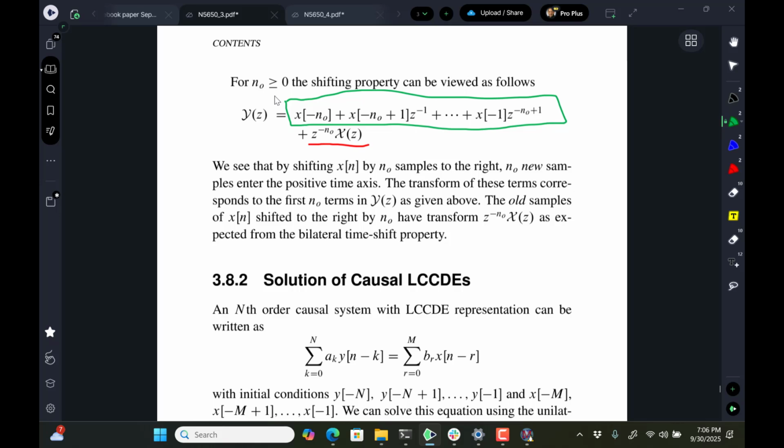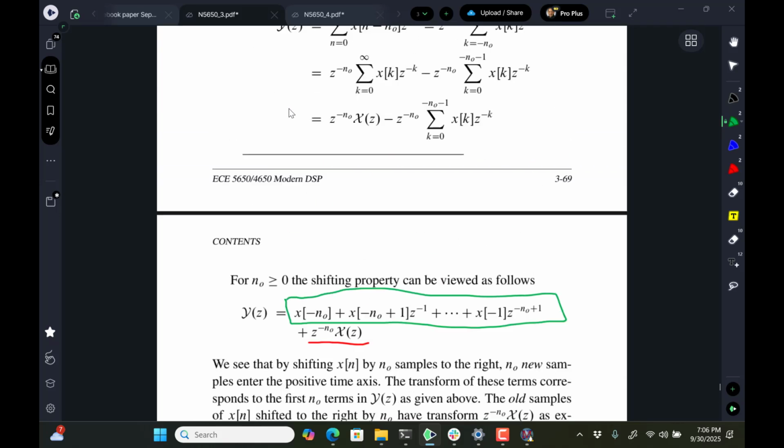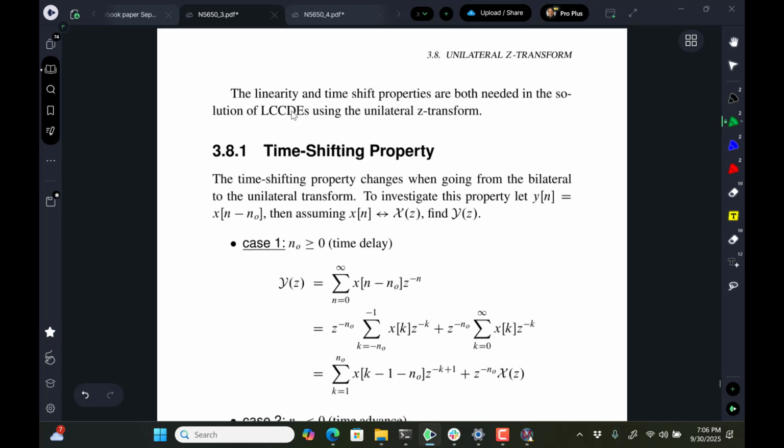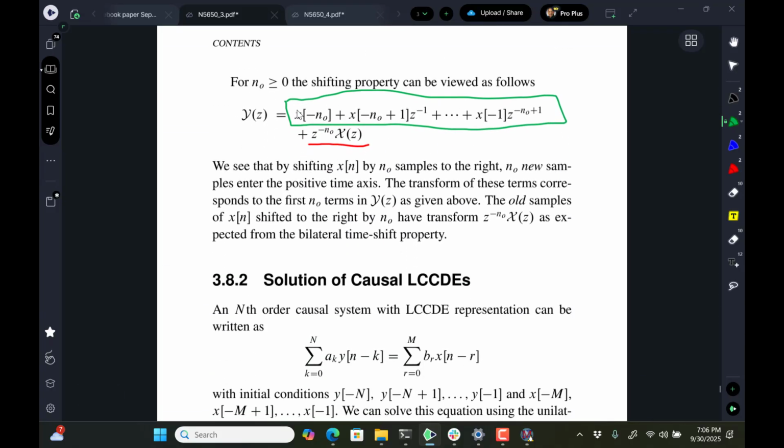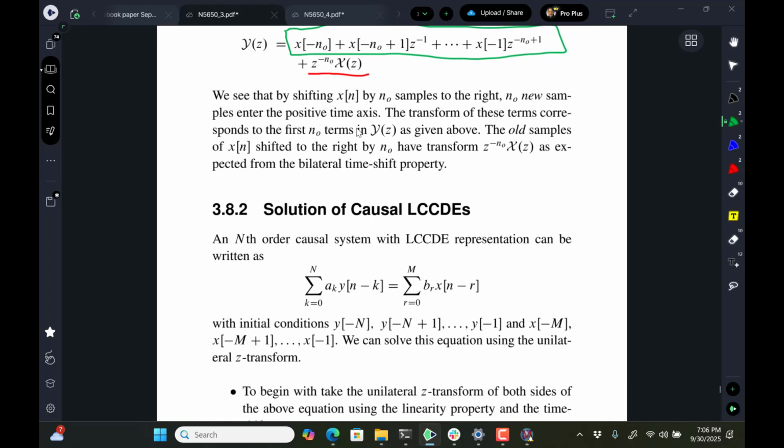The punchline is the one-sided Z transform: those values that were sitting just to the left of n equal to 0 will slide over and be present, and they allow us to solve for the initial conditions.